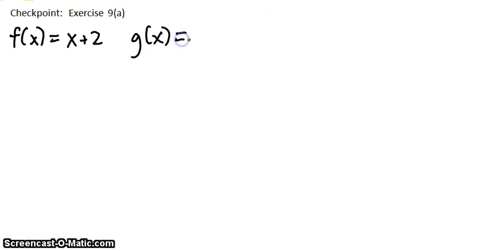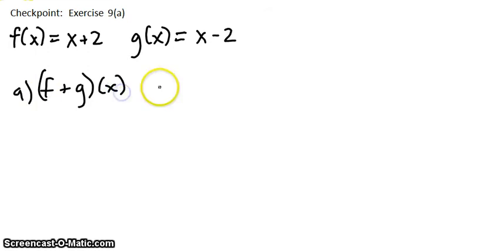So 9a gives us two functions. It gives us f of x, which is x plus 2, and g of x, which is x minus 2. The first problem in 9a says to find (f plus g) of x. So what we're doing is finding a new function.